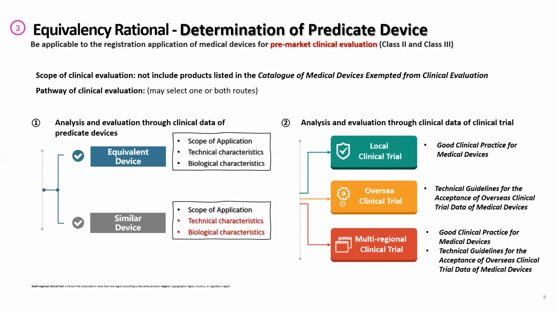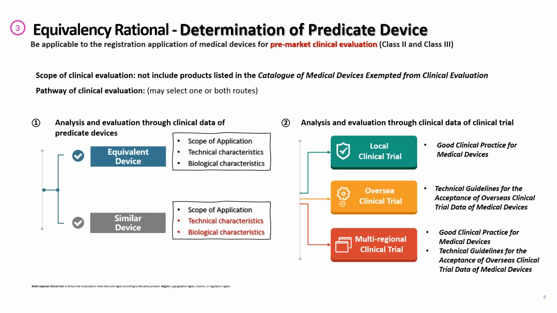And if we also need to choose the clinical trial pathway, for a local clinical trial we need to follow the GCP, the China GCP. And if we follow an overseas clinical trial, we need to follow the overseas guideline.